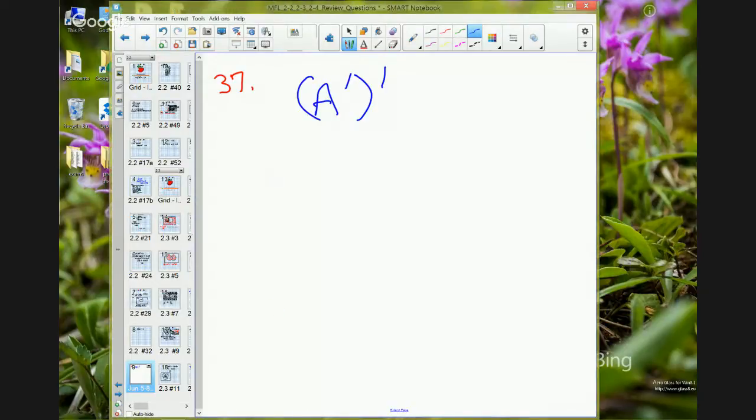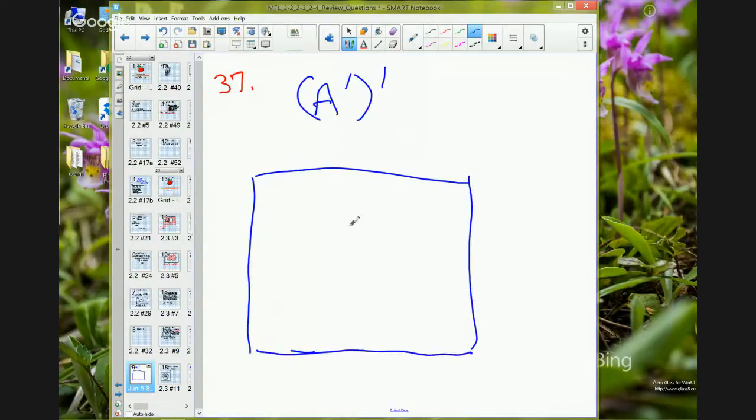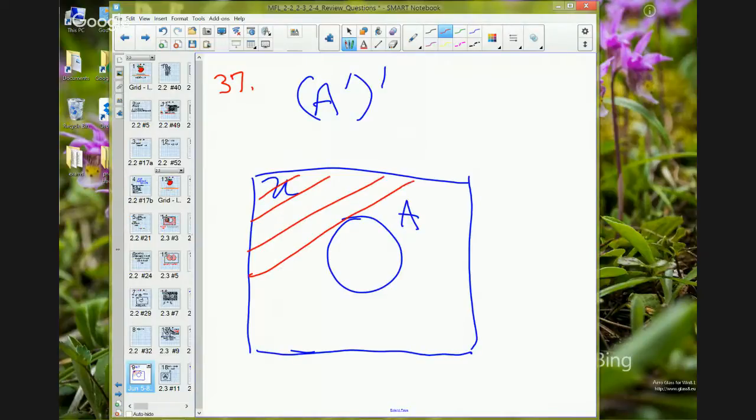Yeah. So here, let me get my pen active again. There we go. We're drawing another one. So where's a complement? It's all this stuff on the outside of the middle of the universal set, right? Yep.